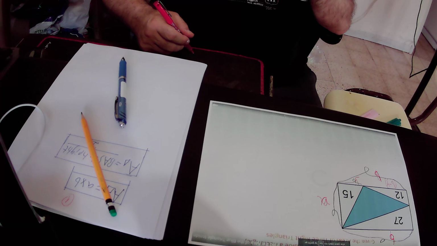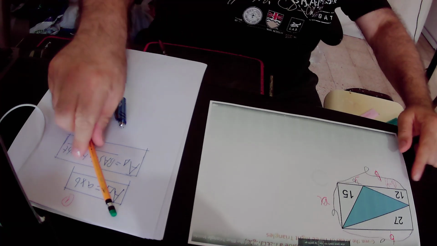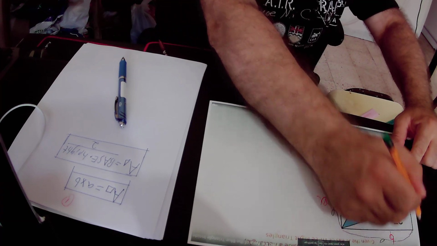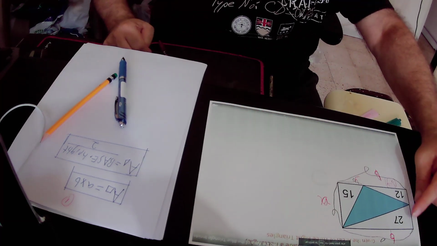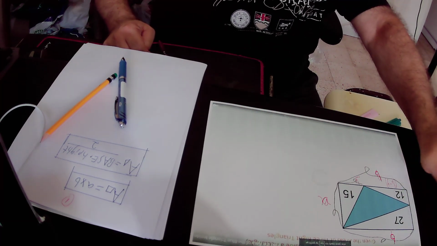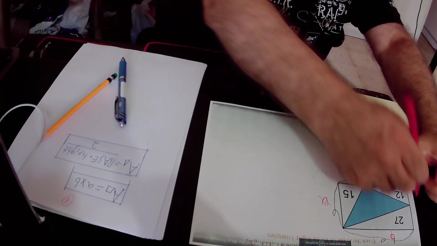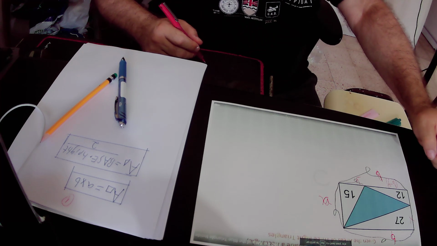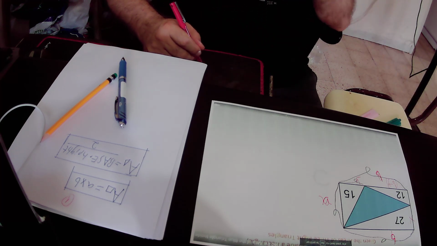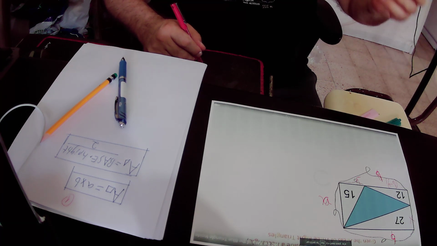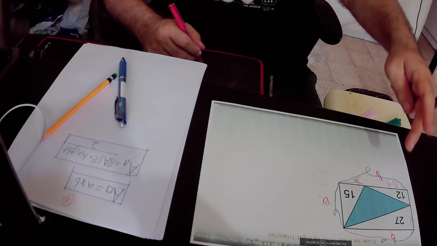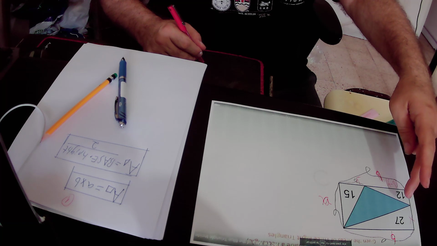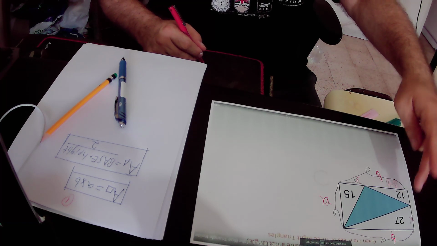And let's define the height of this triangle as x. So the height of the triangle whose area is 27 units is defined as x.